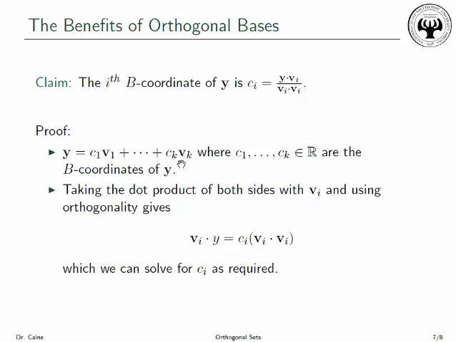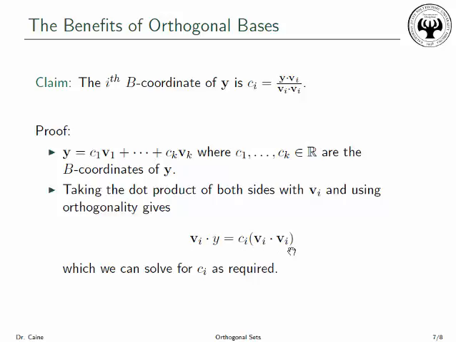And again, just as we did before, we can then distribute the dot product through, pull the scalars out using the homogeneous property, and then we'll have a bunch of dot products, Vi dot V1 up to Vi dot Vk, only one of which will survive by orthogonality, namely the one where the vector we're dotting with in that string ends up being exactly the same as the one we were dotting with on the outside.